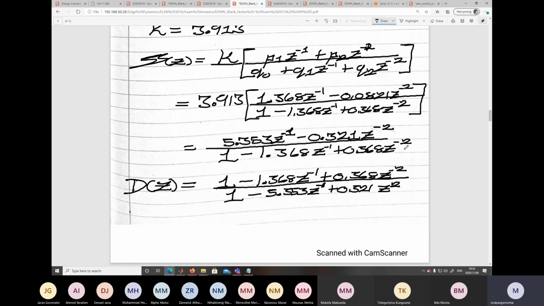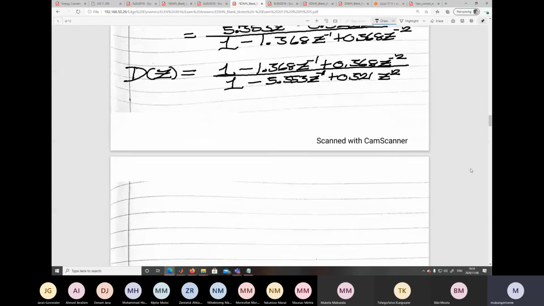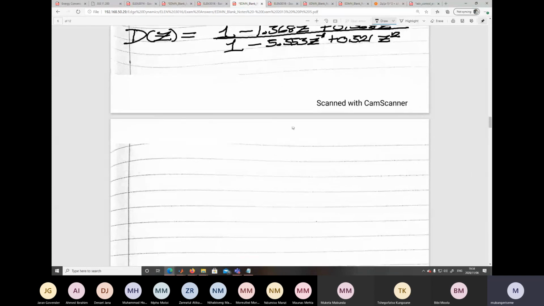Is that fine? Now the check that gets done for, okay, are you still at your steady state gain? What you would then do is you'd say, okay, this is Q5C, we're still doing 2016.